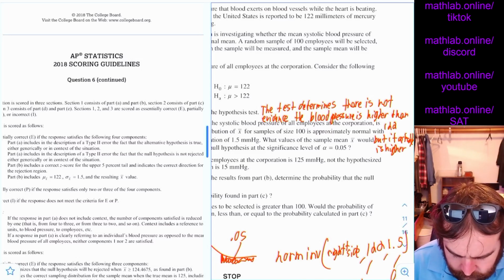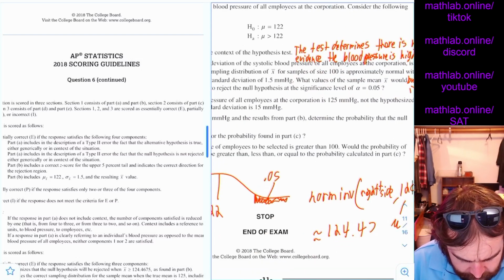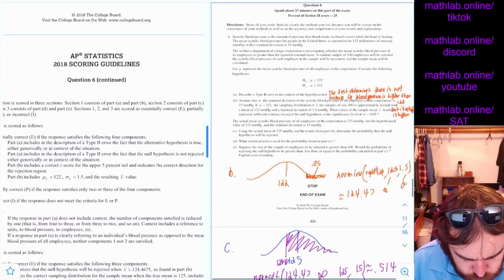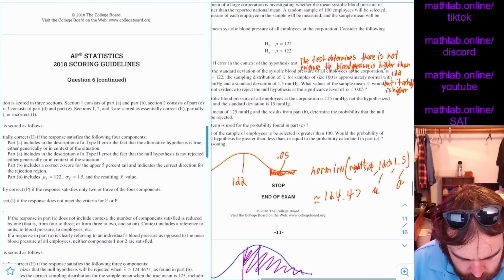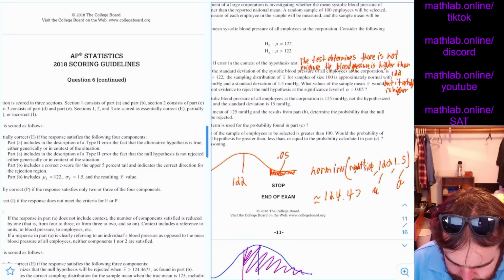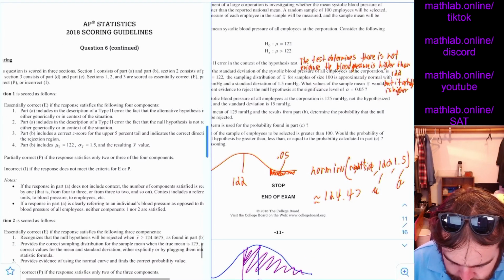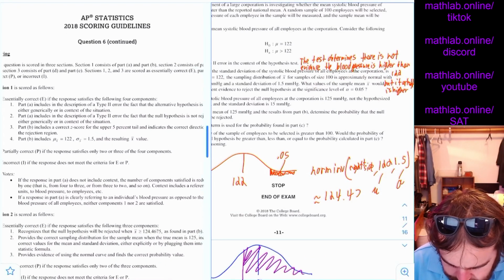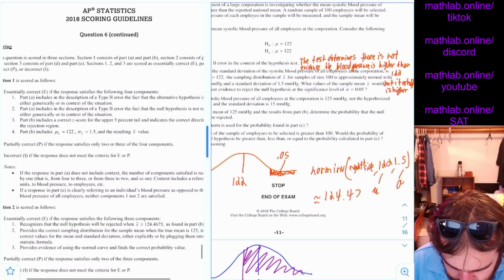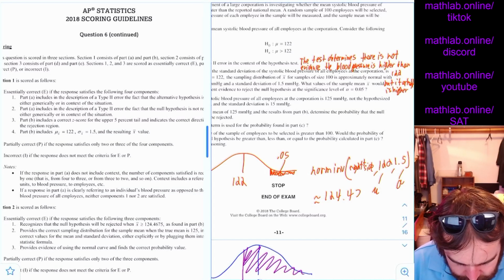Yes. Includes a correct z-score for the upper 5 percentile. Did I fall into that trap again? I didn't actually calculate the z-score. I really feel like you shouldn't have to calculate the z-score, actually, because I calculated the probability.